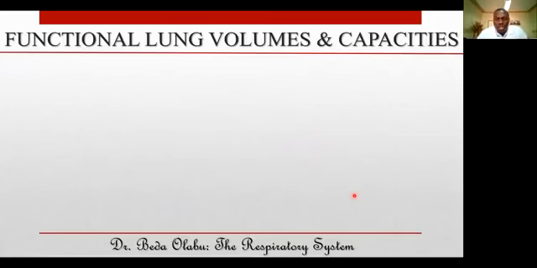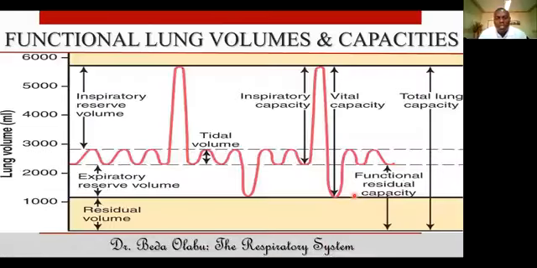Now, as we breathe in and out, air is moving in and out. There'll be some functional lung volumes and capacities that we can describe. And this image shows us on our left the functional lung volumes, and on our right, the functional lung capacities.